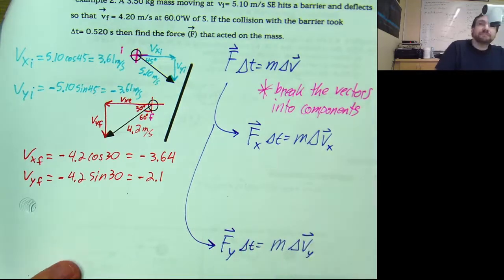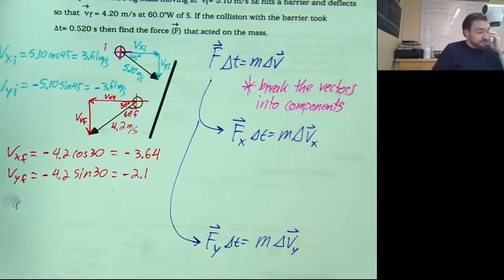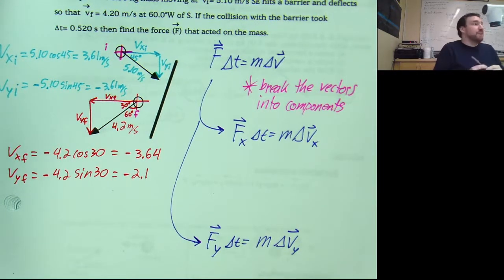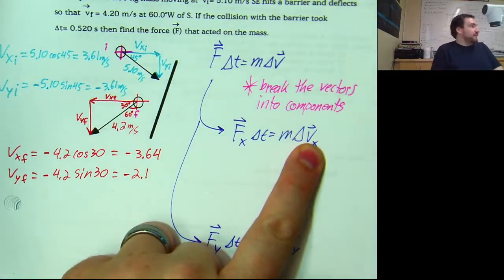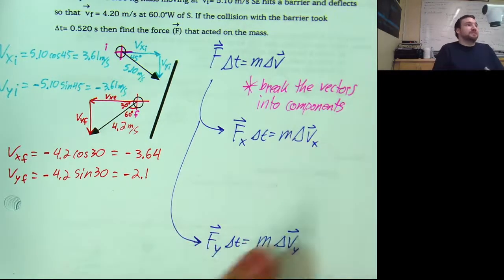We'll have to do both of those. Because we've broken these things up into components, we can just subtract them directly. Here we're subtracting Vx final minus Vx initial. Because we've got components, there's nothing special we have to do there. We can do it directly.